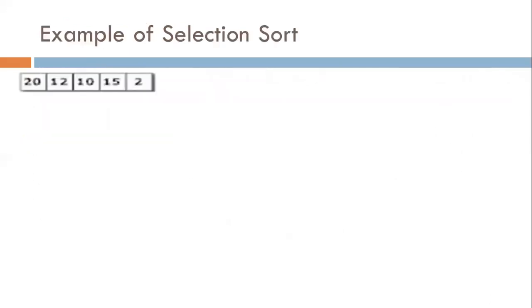Now, see the example of selection sort. We have 5 elements: 20, 12, 10, 15 and 2.